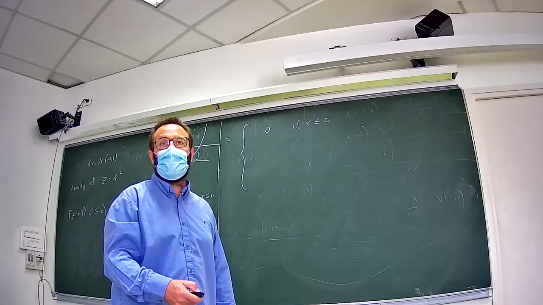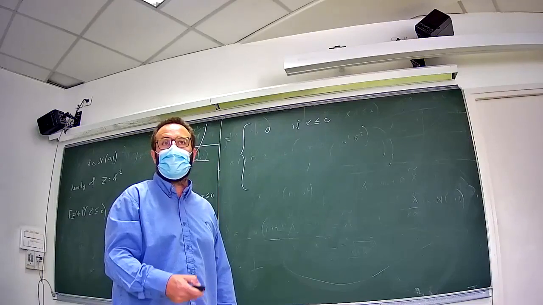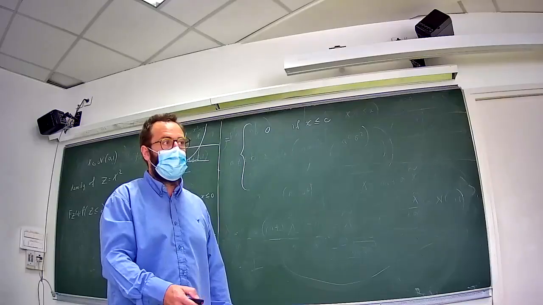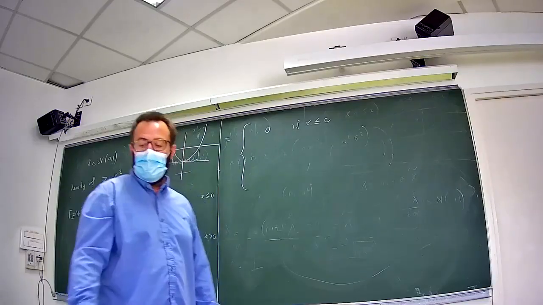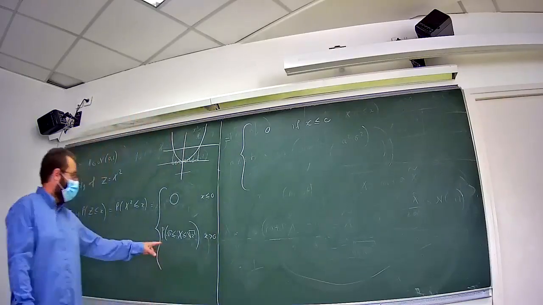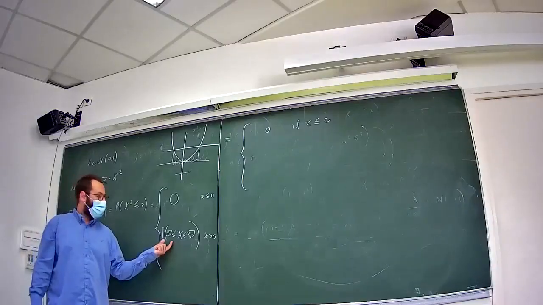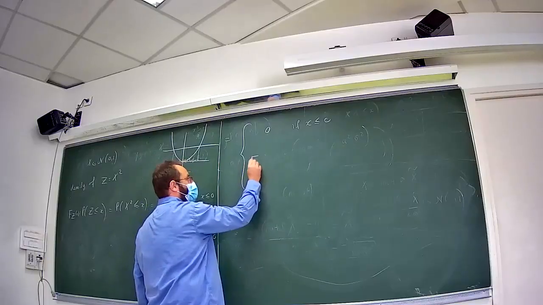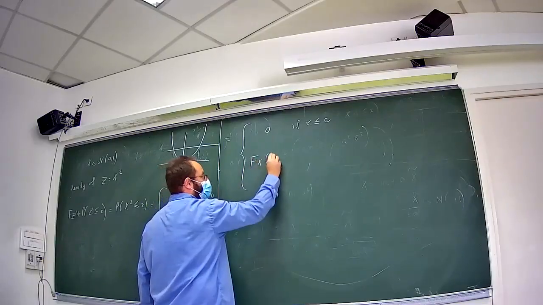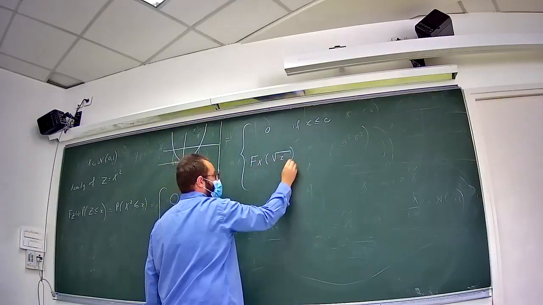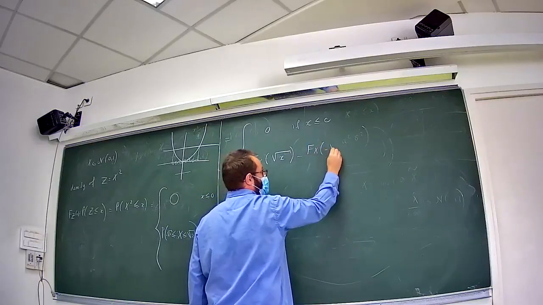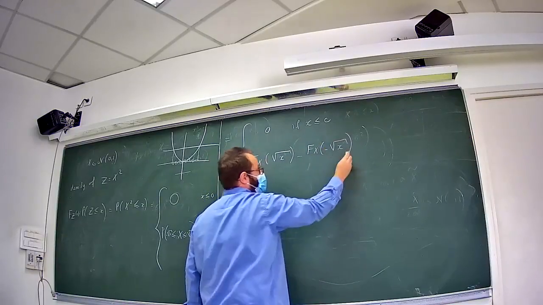You can put strictly or greater, less than, whatever, because all of them are equal. So here, the probability to be greater than minus the square root of x and less than the square root of x may just be expressed as the distribution function of X at the point square root of x minus the distribution function of X at the point minus the square root of x.